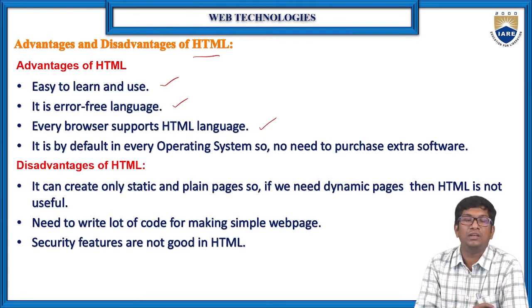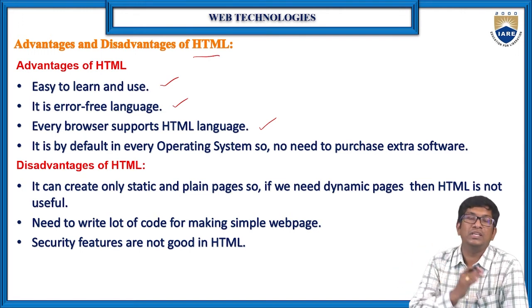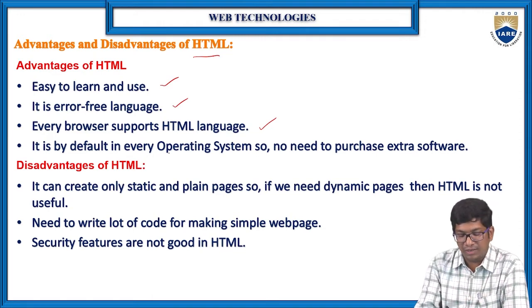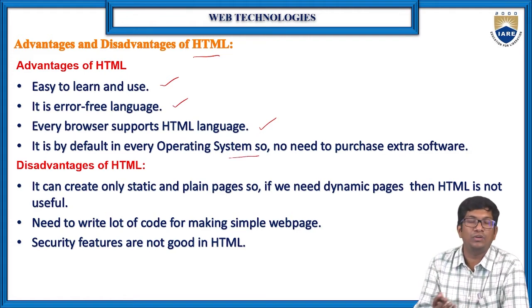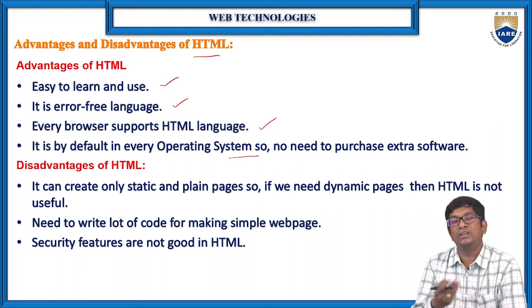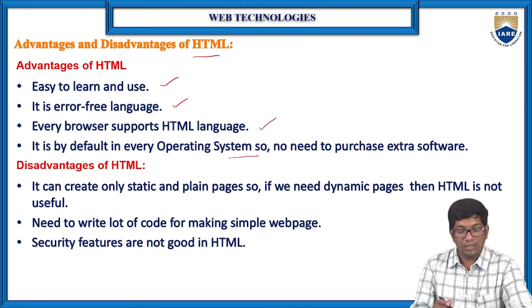In any browser, the HTML document is displayed. All browsers support HTML. It is default in every operating system, so there is no need to purchase extra software; it is freely installed in all operating systems.